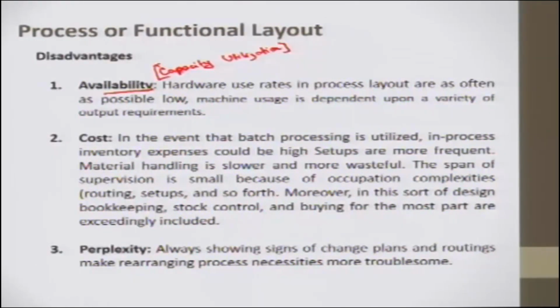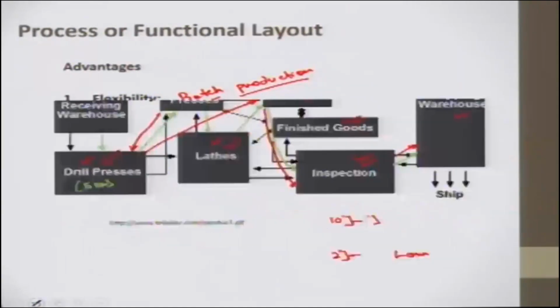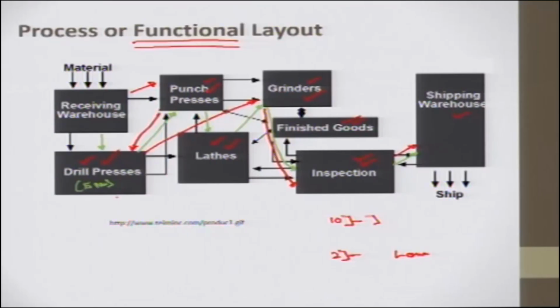Next is cost. If batch processing is utilized, in-process inventory expenses could be high and setups are more frequent. In-process inventory here: for example, a drill press is taking 50 seconds for doing one job. Now this one is taking, for example, 150 seconds. So what is happening? 150 minus 50, 100 seconds is the waiting time for one job here, and here we will have stacking.